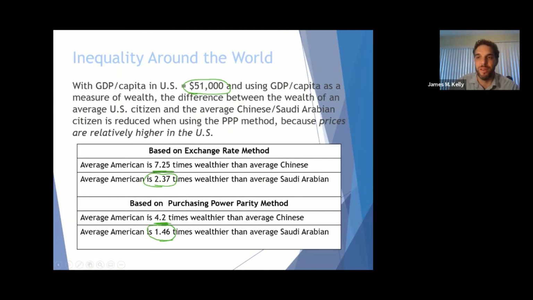Again, because prices, the cost of living, the price level in China and Saudi Arabia are going to be relatively lower, meaning a dollar there is going to be able to buy a citizen more stuff than a dollar in the US. Okay. All right.